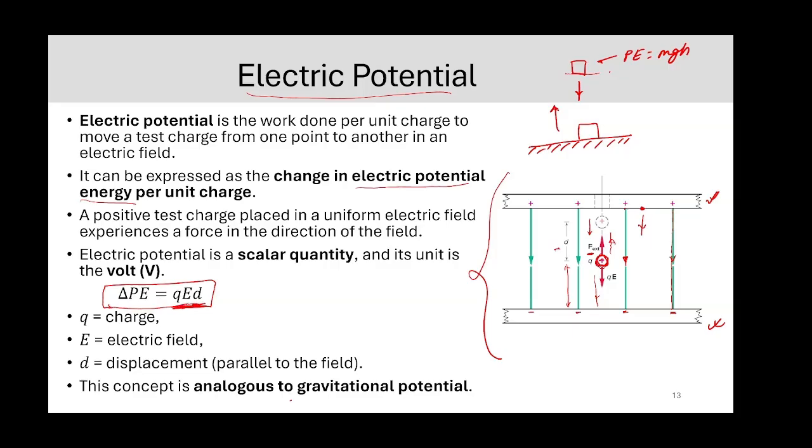So charge times electric field is the force, and d is the distance covered when we apply this external force to move this positive charge from its original position by a distance d. And the unit of electric potential is the volt, and it's a scalar quantity.